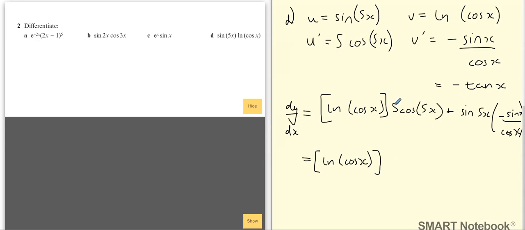I'll take the coefficient to the front, so I would write the numbers at the front, and then I've got cos 5x here. And then positive times negative is negative. I've got sine 5x times by sine x over cos x. Or you could have put the division over the whole thing. It doesn't really matter there as well. Okay, is everyone happy with that?